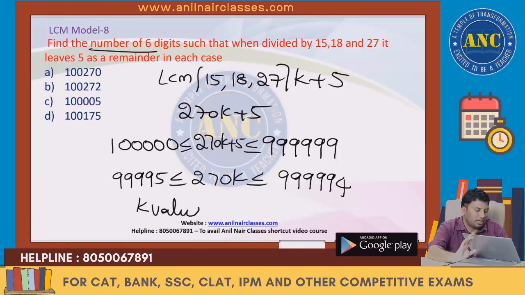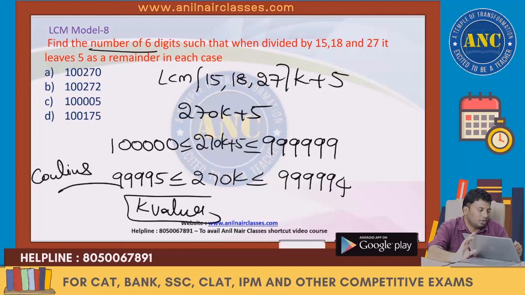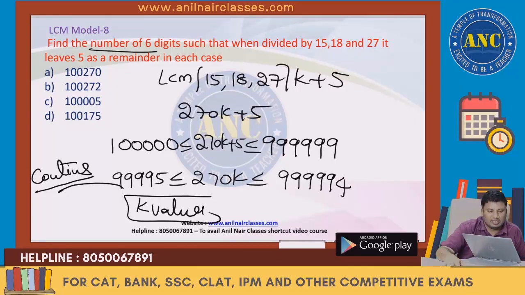Find out the number of k values. Counting problem. I hope the idea is clear. The k value, whatever you get, that itself is the answer. I hope it is clear, right?